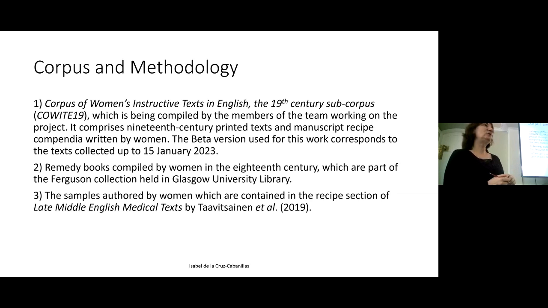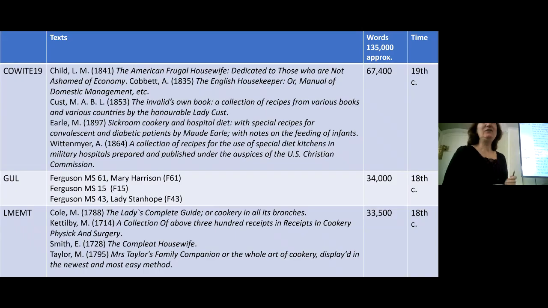contained in the recipe section of, I just realized it should be Late Modern English Medical Texts by Taavitsainen and others. Here you've got the details, so that's the 19th century corpus.